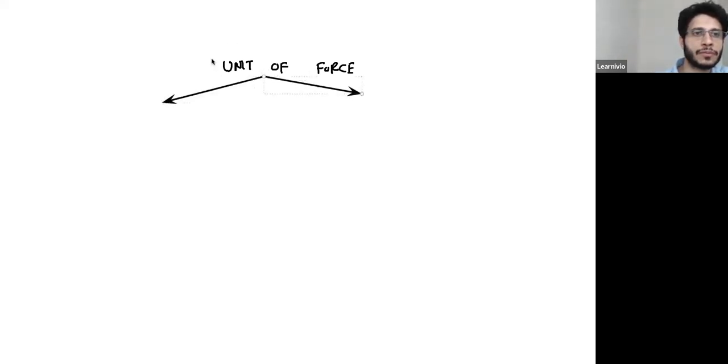So what happens is you have two types of units of force. One is the absolute unit, another is the gravitational unit.